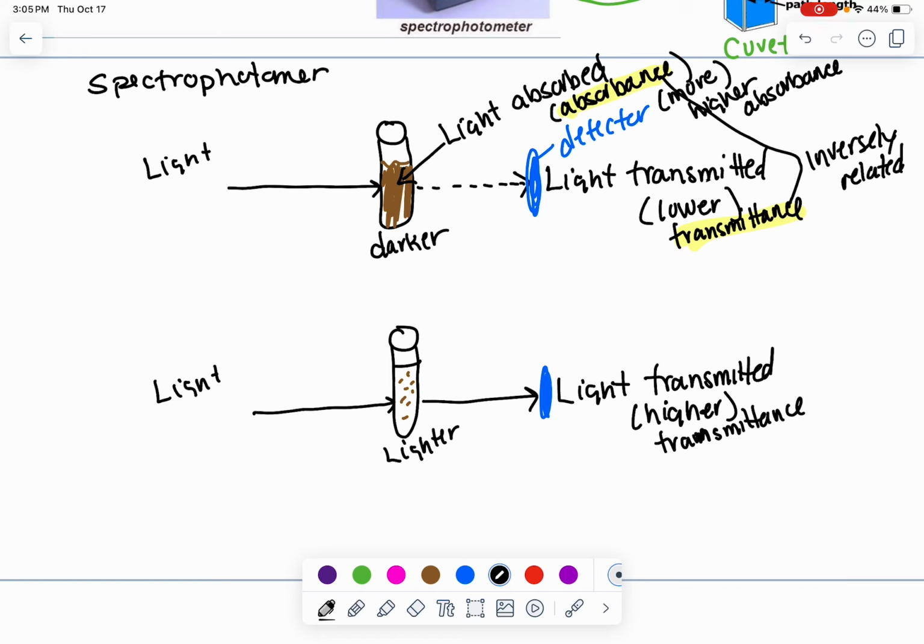So we'd have the same thing down here. If I have a lighter liquid and the light shines through, there's going to be some light absorbed from the pigments in the liquid, but this is going to have a lower absorbance.